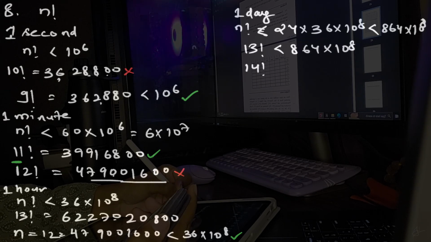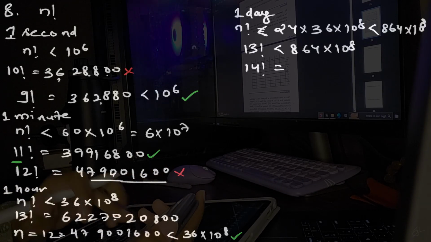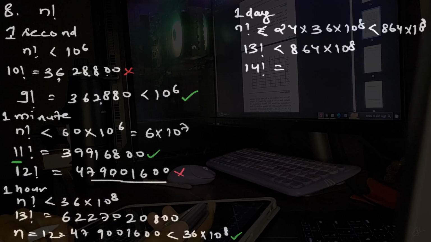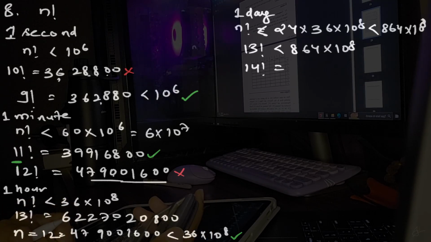I can check for 14 factorial. Let's see. Okay, 14 into 13 into 12 into 11 into 10 9 8 7 6 5 4 3.